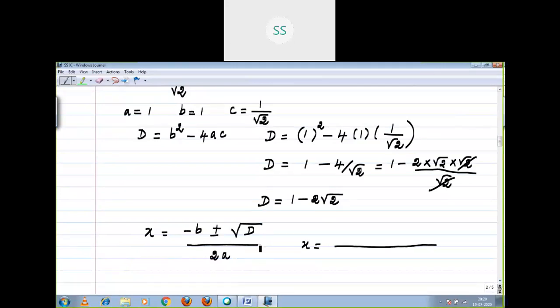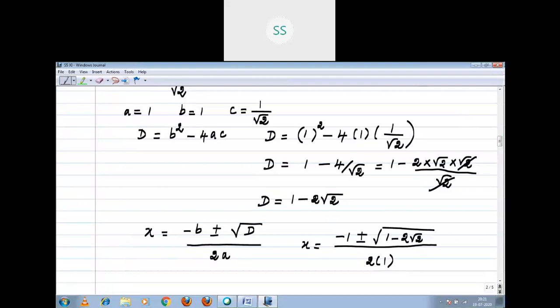What is your b here? B is 1. So minus 1 plus or minus root of d, which is 1 minus 2 root 2, divided by 2 into 1.